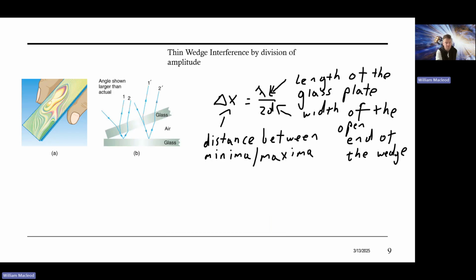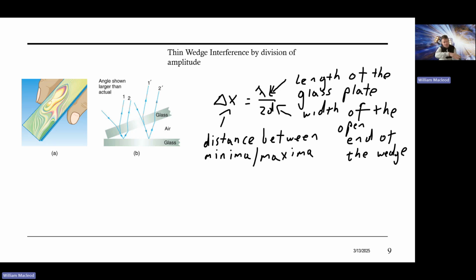Now, another very interesting application, I think, is the thin wedge interference by division of amplitude, which can be used for measuring the thickness of a very small object. So let's say you've got something even as thin as a hair on your head, and you put it between 2 glass plates. That will create a slight wedge.